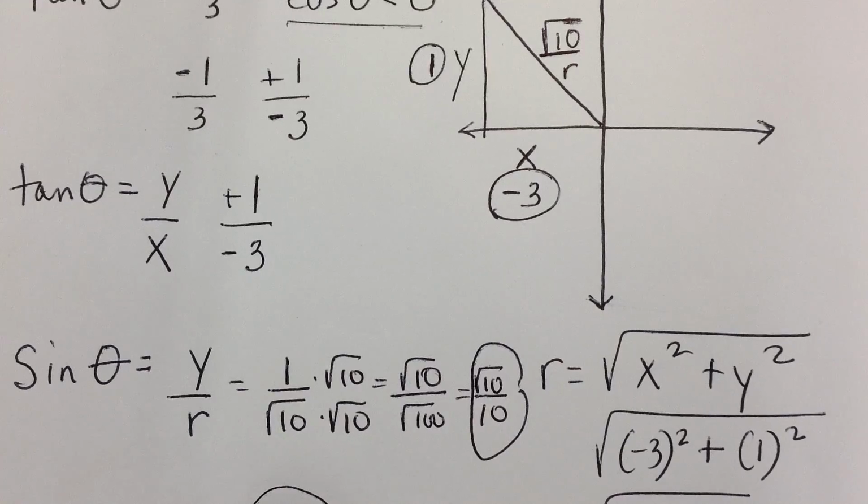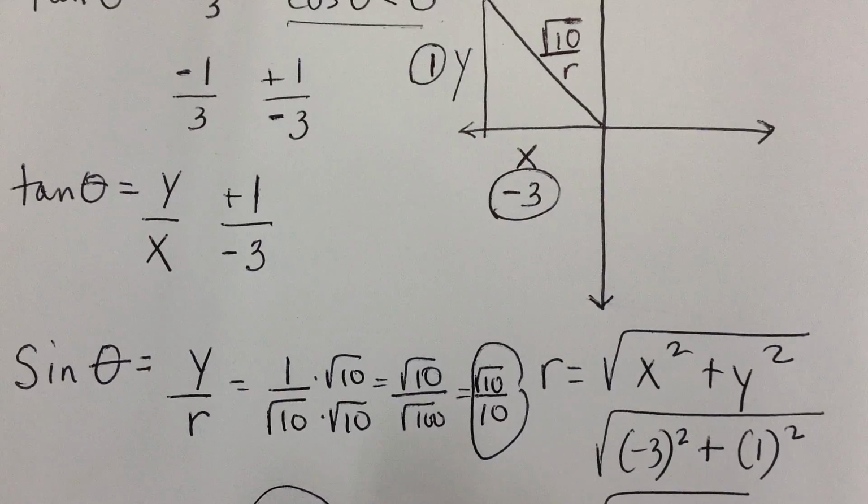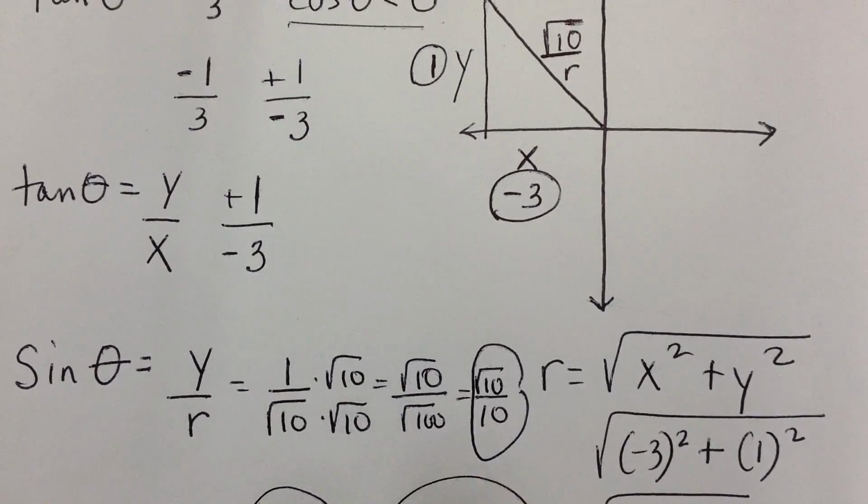Now, I don't have a radical in the denominator, therefore that answer is sufficient. So sine of theta is square root of 10 over 10, and secant of theta is square root of 10 over negative 3. We could write it as negative square root of 10 over 3 as well.